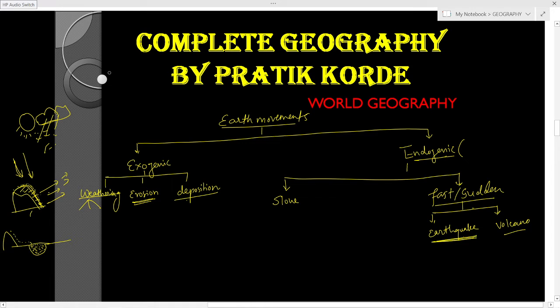Next, the slow process is called diastrophism. These slow processes are further divided into vertical process and horizontal process.